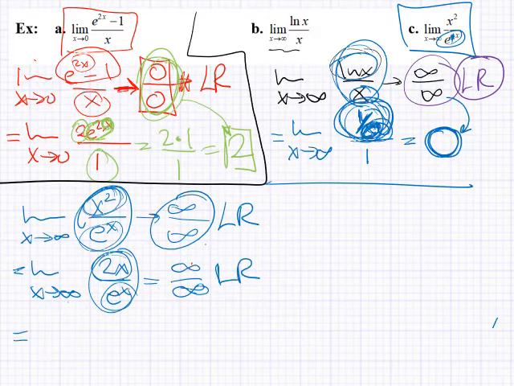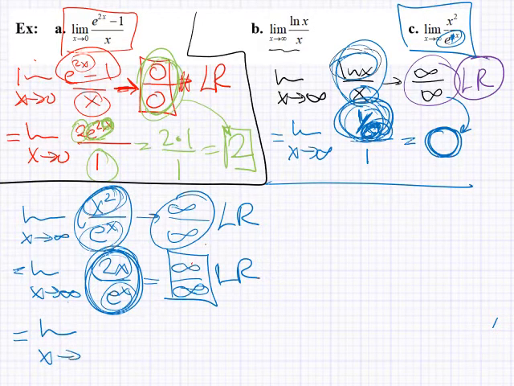There's no limit to the number of times you can apply L'Hopital's rule. The only limit is you can do it when there's an indeterminate form. So the only time you have to stop applying L'Hopital's rule is when this is no longer an indeterminate form. So we do the limit as x approaches infinity of the derivative of the top, which is 2. The derivative of e to the x is still just e to the x.